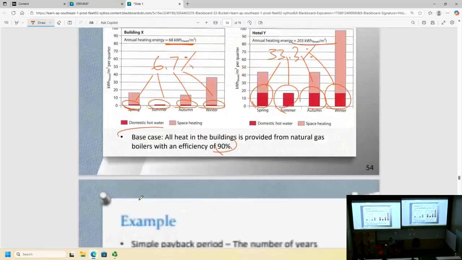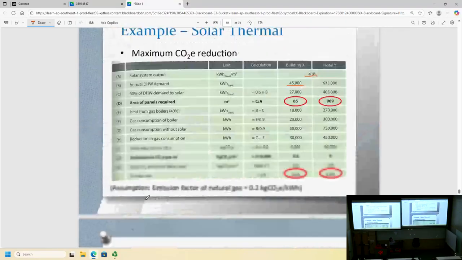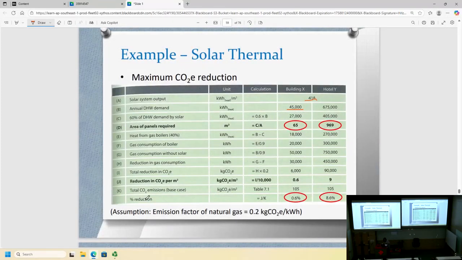The area is 10,000 square meters, right? So by using that equation, we will be able to calculate the annual domestic hot water demand. Building X and building Y have different hot water demands, because for the hotel, we may need more heat energy for the water and for the space heating, providing a higher service.